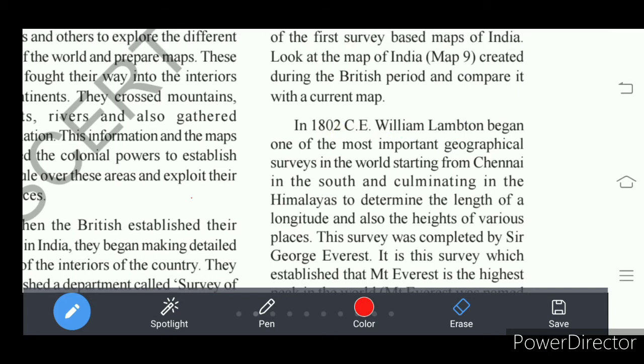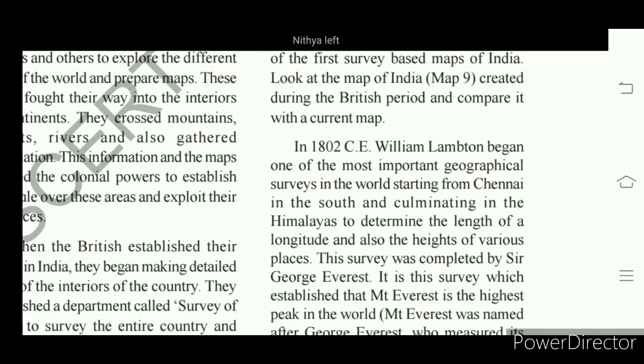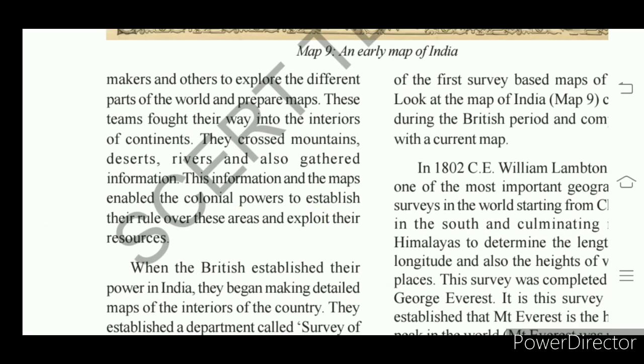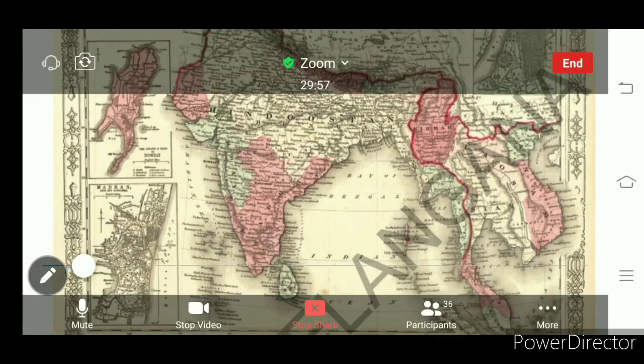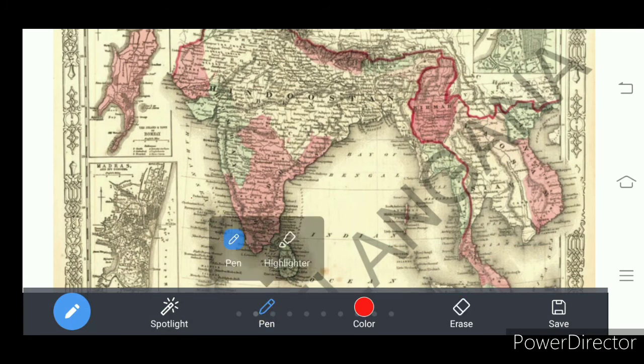So why did he take that point from Chennai? It is near sea level. Look here. Where is Chennai? Here is Chennai.